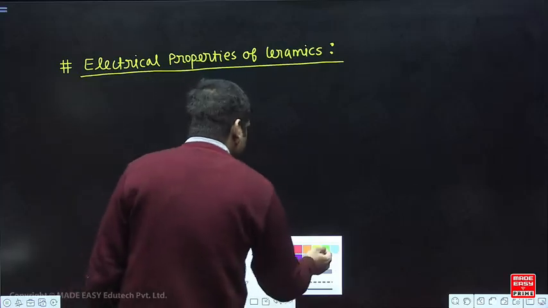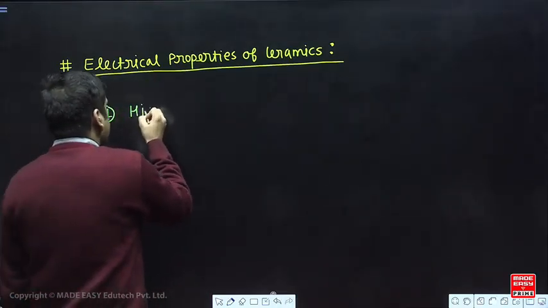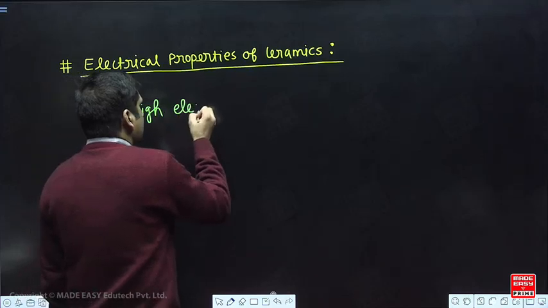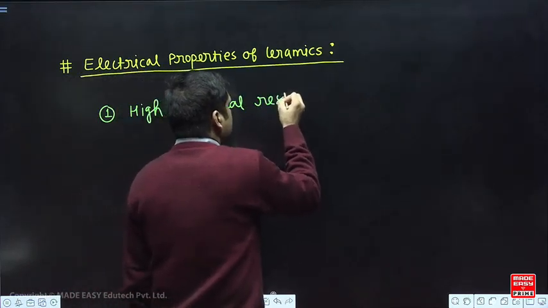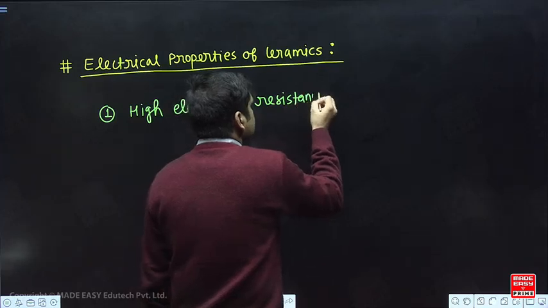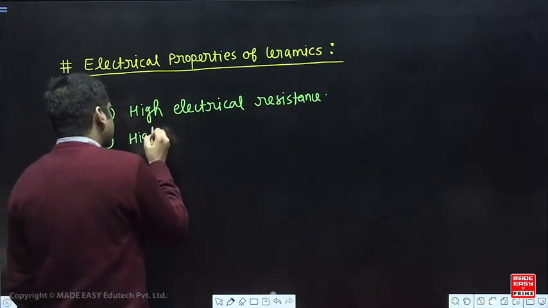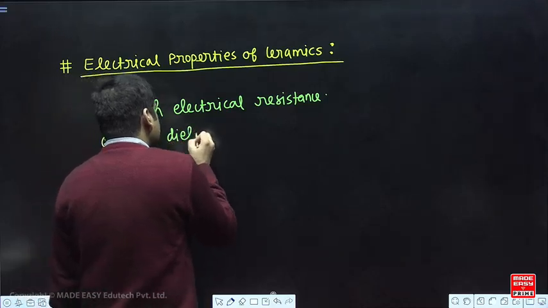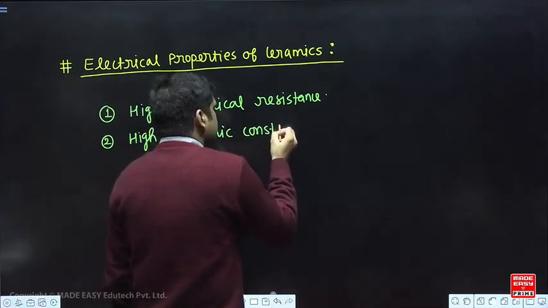So we can write 4 important points. First one is high electrical resistance. Second point is high dielectric constant.